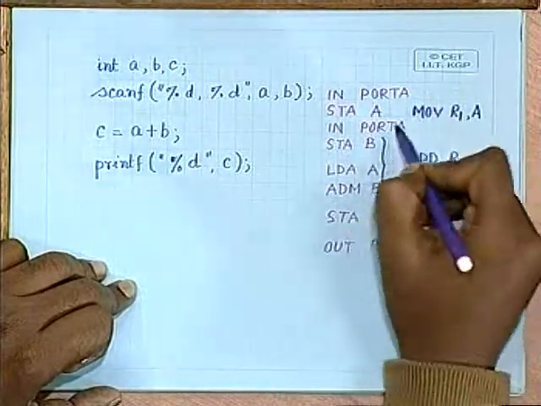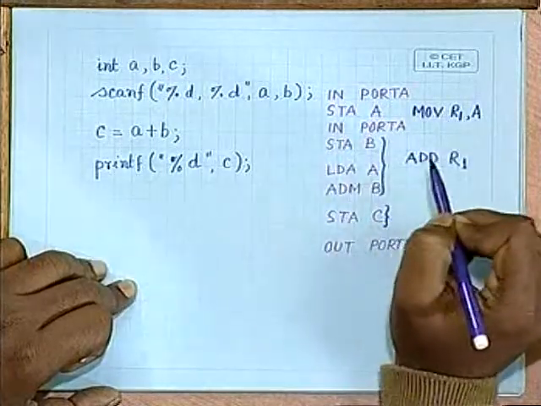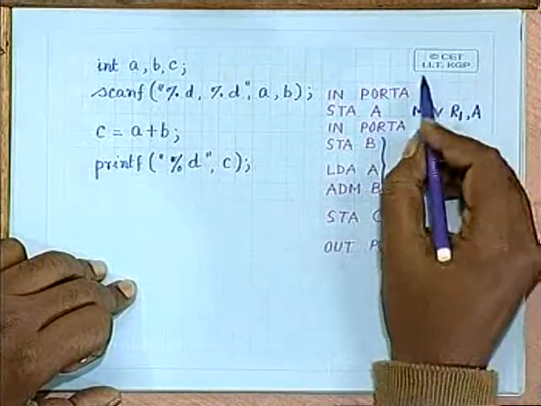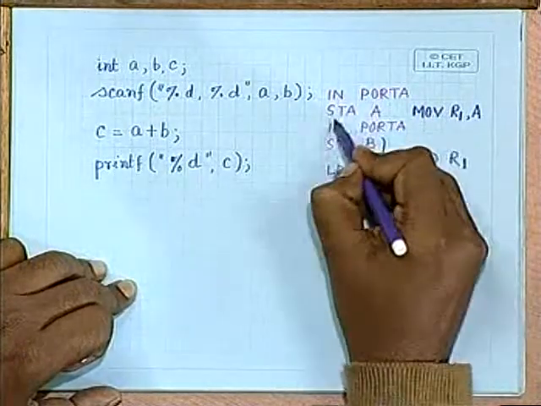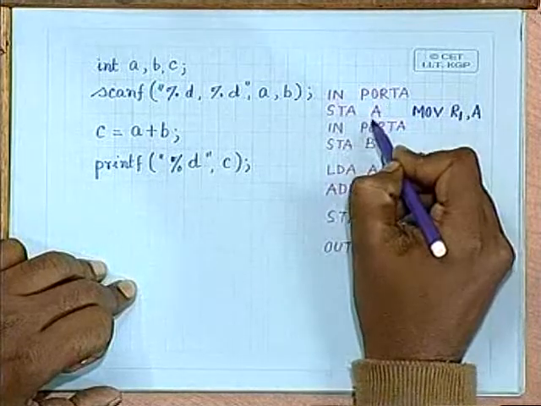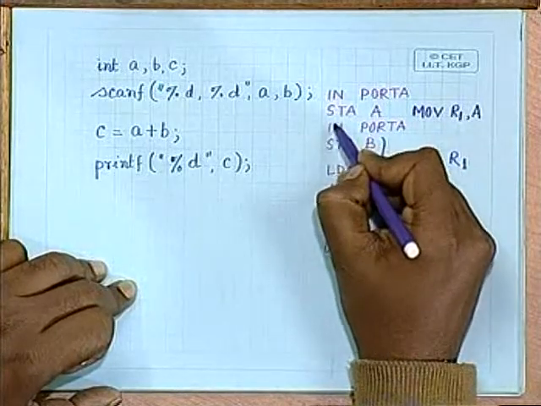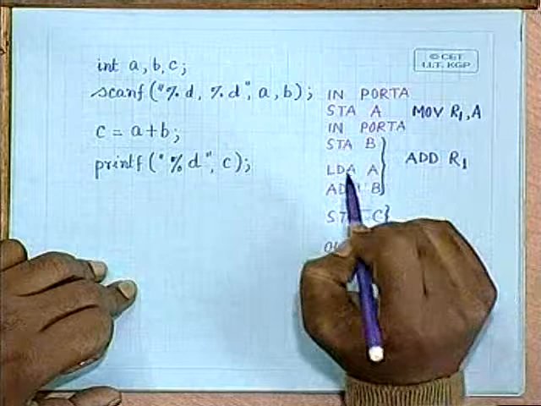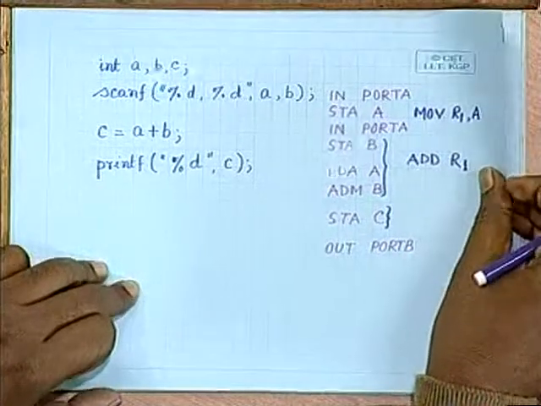Once a particular instruction is executed, the next instruction has to be executed. So, I must have a resource which acts as a pointer to the next instruction which I must execute.